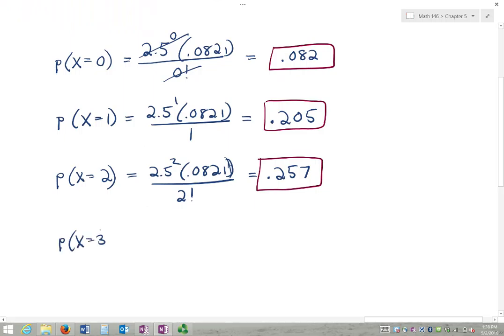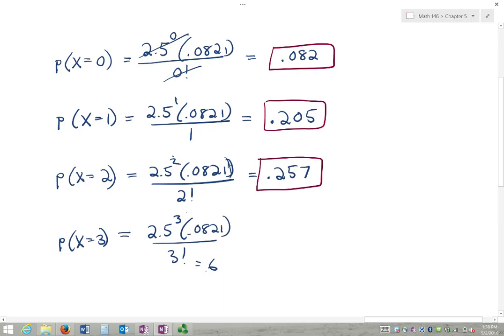X equals 3. If the average is 2.5, then we should hit our mode somewhere between 2 and 3. Let's see, 2.5 to the third, over 3 factorial, and 3 factorial is 3 times 2 times 1, which is equal to 6.